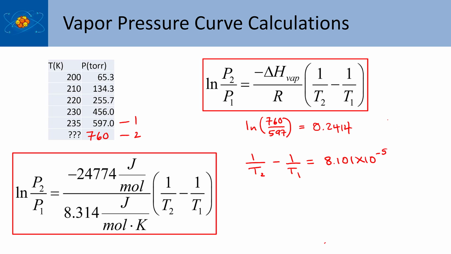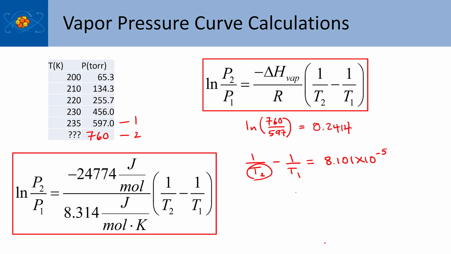So I've done the rearrangement and done the calculations, and this is what you should end up with. And you notice I'm still keeping 4 significant figures in my calculations. So now what I'm left with is solving for T1. So I'll plug in 235 for T2. Right?